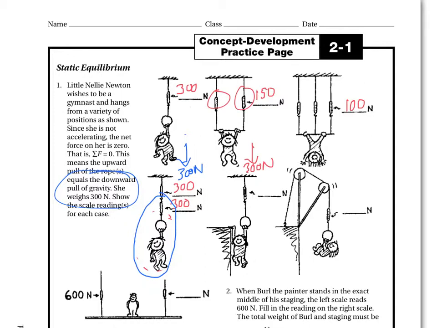Each one's still going to read 300 newtons of tension. Here, she's split her weight by holding onto the cliff. So again, we're down to 150 newtons. And here, this spring scale still has to apply 300 newtons worth of force because she's pulling down on it with 300 newtons of force. That's how much needs to be applied to hold her up.